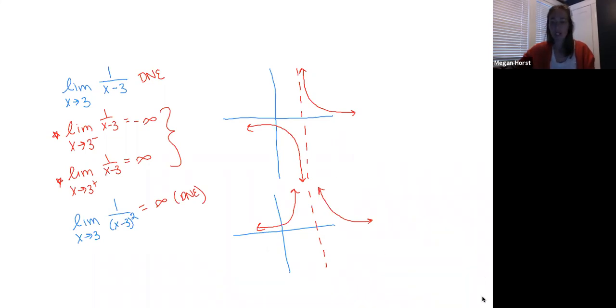The other thing I just want to look at are limits to infinity and beyond. So let's say that we had, and this really depends a lot on your recall of rational functions, the limit as x goes to positive infinity of 2x over 3x plus 4.